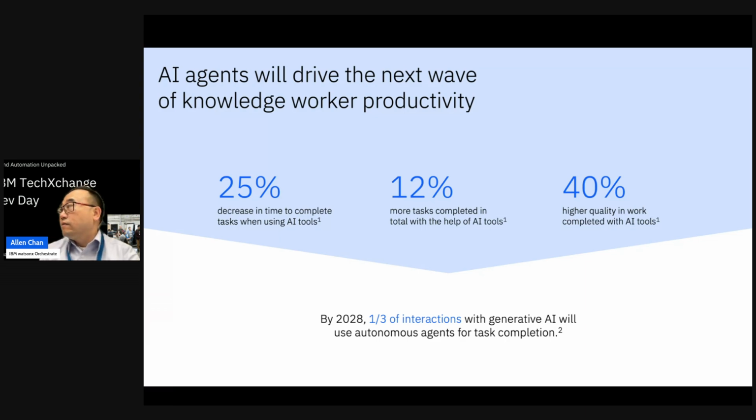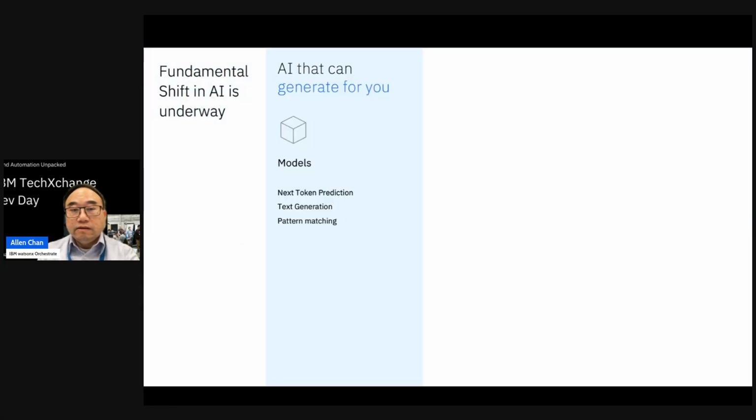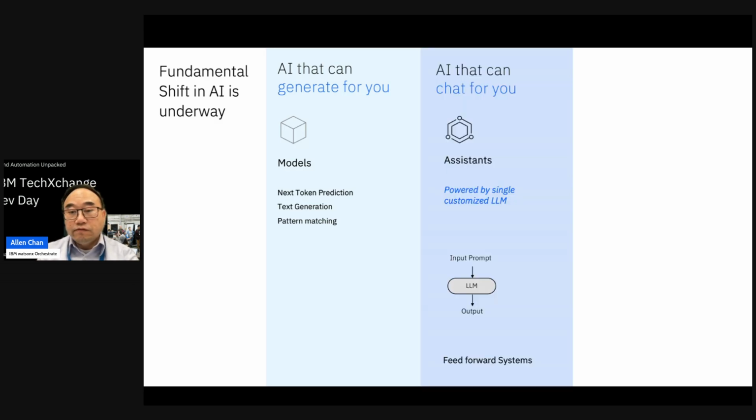The question is not so much whether one can build an AI agent, it's really what makes it so special that we all want to use it. Many years back, there was AI. We have models like OpenAI models, and many other models, and people have been using large language models as a way to do text generation, pattern matching, and so on and so forth.